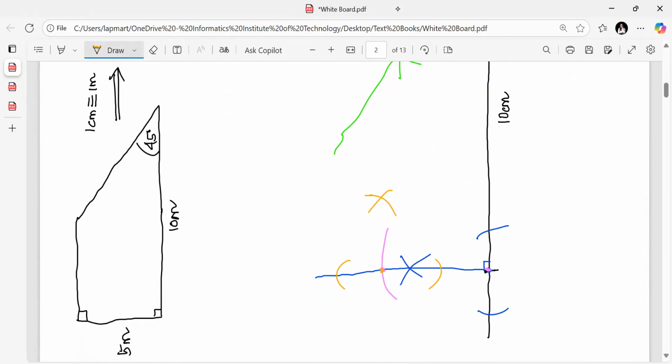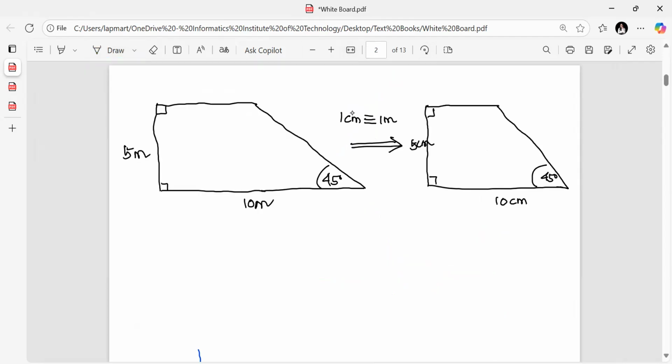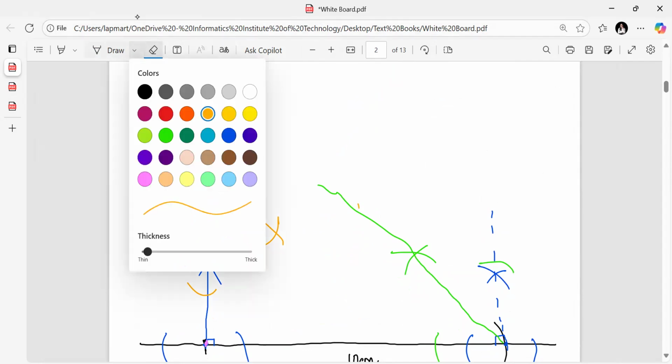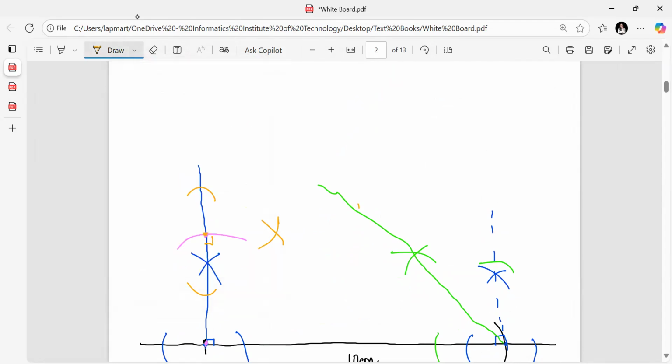And 90 degrees. Okay, so then I'll rotate it to the original position. See, it's 90 degrees, right? It's 90 degrees, something like this.